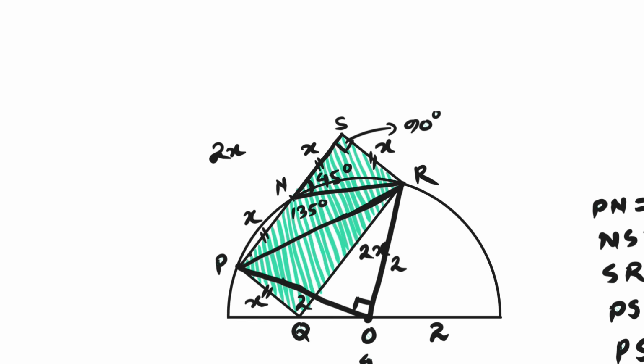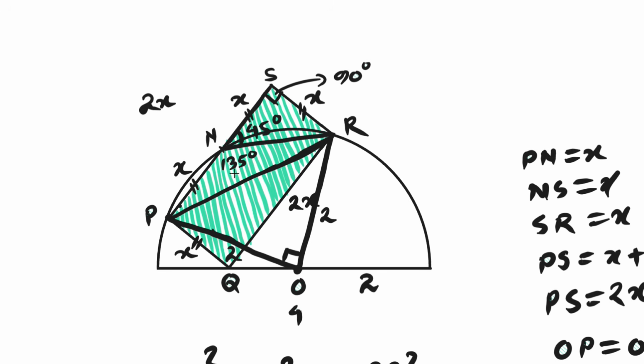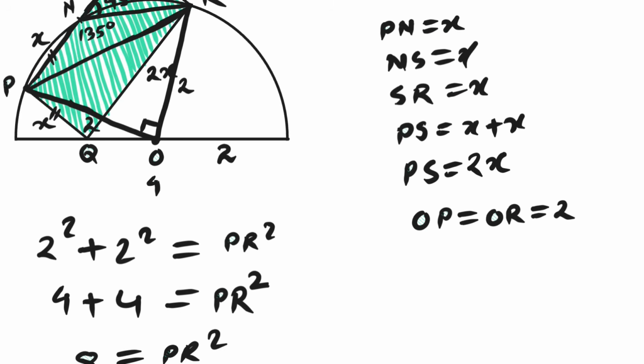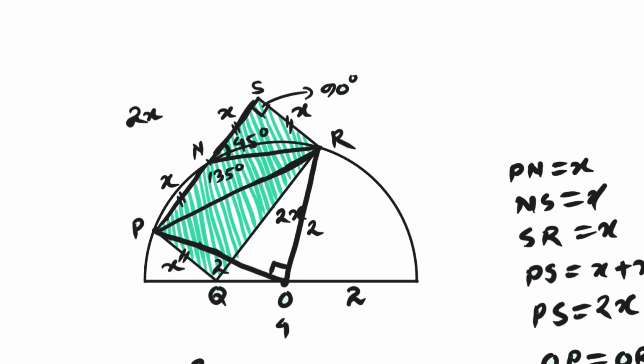And notice how every part of the problem had a purpose. The equal lengths allowed us to express the rectangle's dimensions using x. The diameter gave us the radius of 2. The right isosceles triangle gave us the 45-degree angle. That 45-degree angle led to the 135-degree inscribed angle. The central angle theorem then gave us the 90-degree angle at the center.